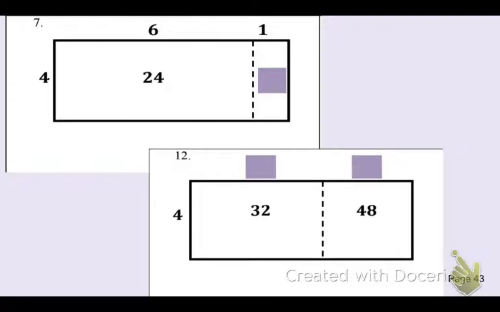So when I think of that, I think of this 4 is distributing to the 6 and then distributing to the 1. So I'm multiplying 4 multiplied by 6 gives me this 24. Now I'm distributing this 4 over to the 1. 4 multiplied by 1 gives us 4.